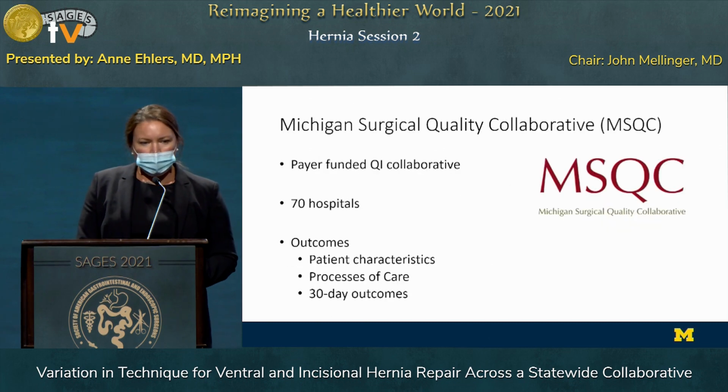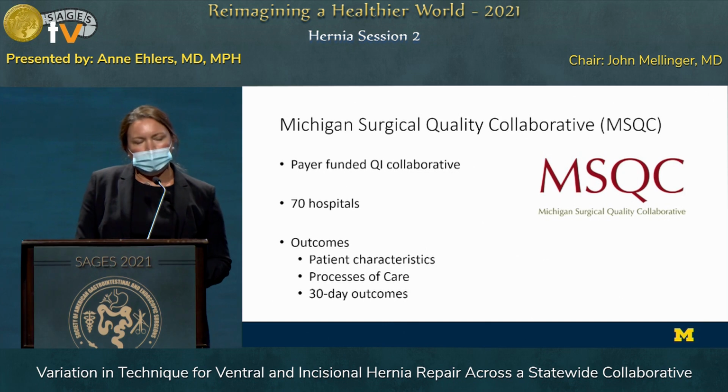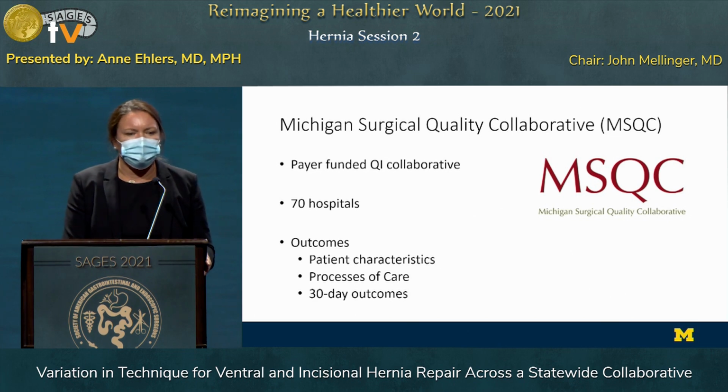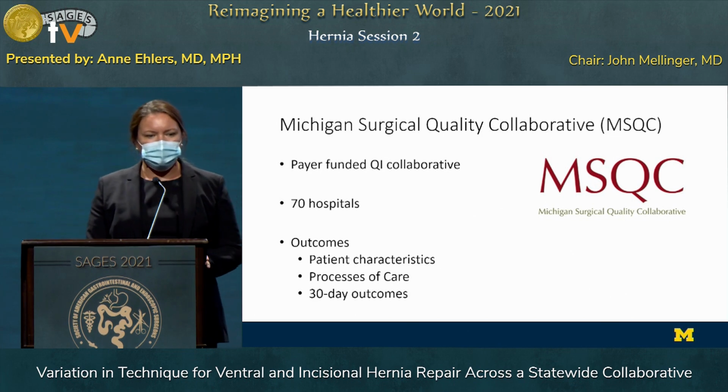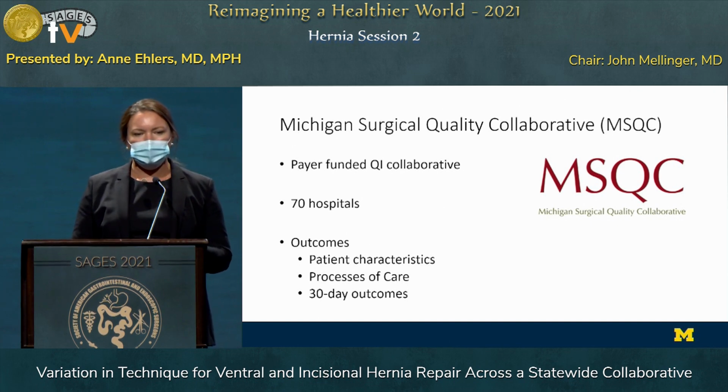And so to do that, we've partnered with the Michigan Surgical Quality Collaborative. You already heard Dr. Howard presenting some data from this collaborative earlier in this session. But essentially, it's a payer-funded QI collaborative, includes data from more than 70 hospitals, and collects data on patient characteristics, processes of care, and 30-day outcomes.